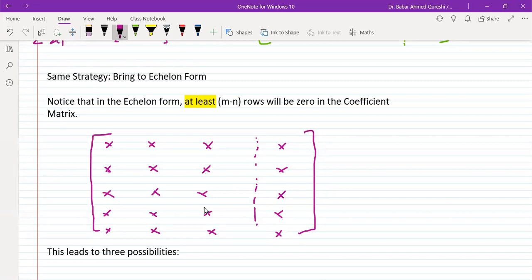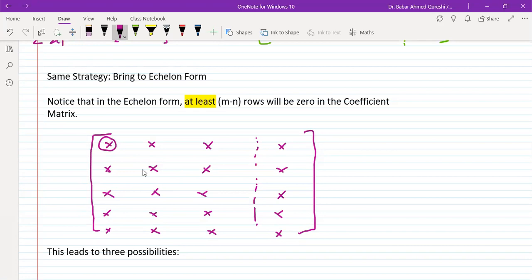And when you try to bring any matrix to echelon form, what you have is that in each row, you have a lead variable. You start with this guy in the first row and first column, that you always want it to be non-zero. Then you make everything below it 0. In the next row, you will again find the lead variable.